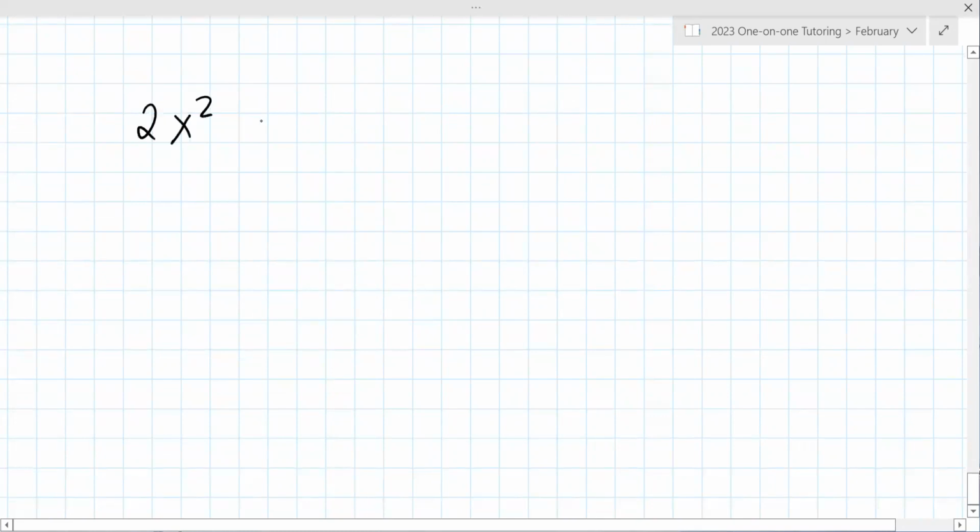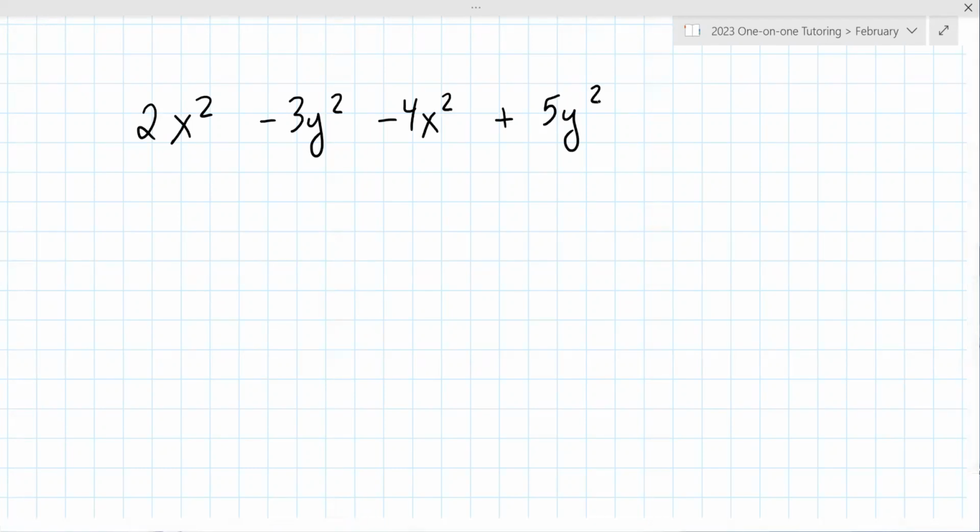2x squared minus 3y squared minus 4x squared plus 5y squared. Can you try this one on your own, please?